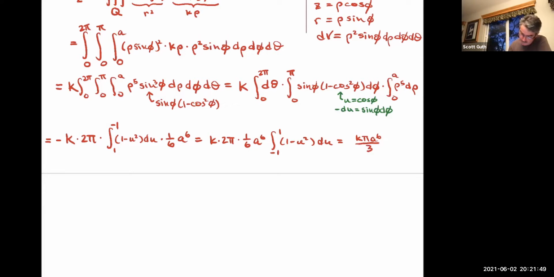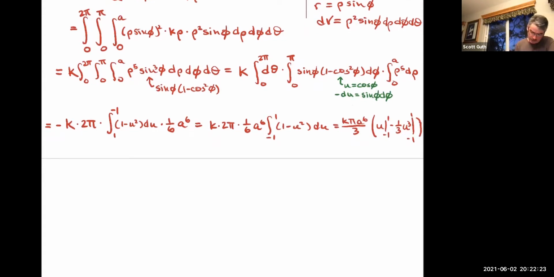And taking the antiderivative now, you're going to have u from -1 to 1 minus 1/3 u to the 3rd from -1 to 1. Kind of out of space, so I'm going to try and redeem some space for myself here. That's pretty good. Like that, I guess. So here I get k pi a to the 6th over 3.